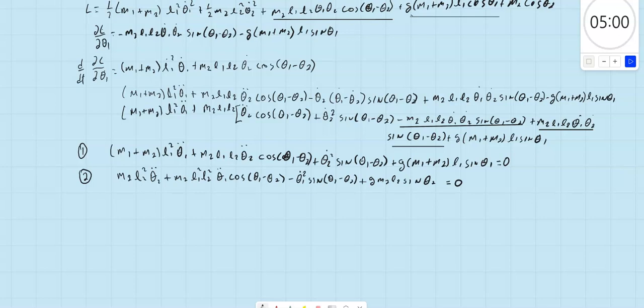And then go ahead and find your partial with respect to theta 2 dot, and then just go ahead and take the derivative and then put everything together, and you will have your other equation. These are two differential equations, and I'll do a video solving for these equations at a later time.